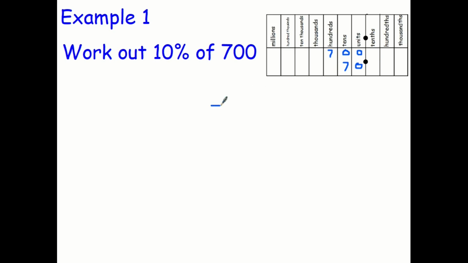So 10% of 700 is 70. That 0 that is there is still there, it just goes into the tenths column. So you can write it as 70.0. It still has the place value of just being 70.